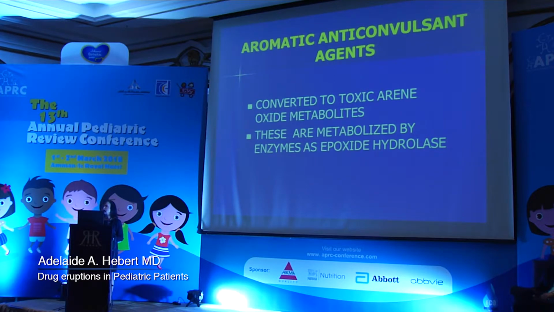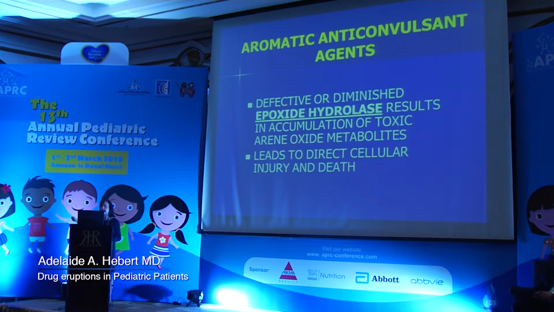What happens with these aromatic anticonvulsant agents is that some of them are actually converted to toxic arene oxide metabolites, and these metabolites are metabolized by enzymes such as epoxide hydroxylase. And some patients have deficiencies or aberrations of this enzyme, and as a result cannot handle these metabolites very effectively.